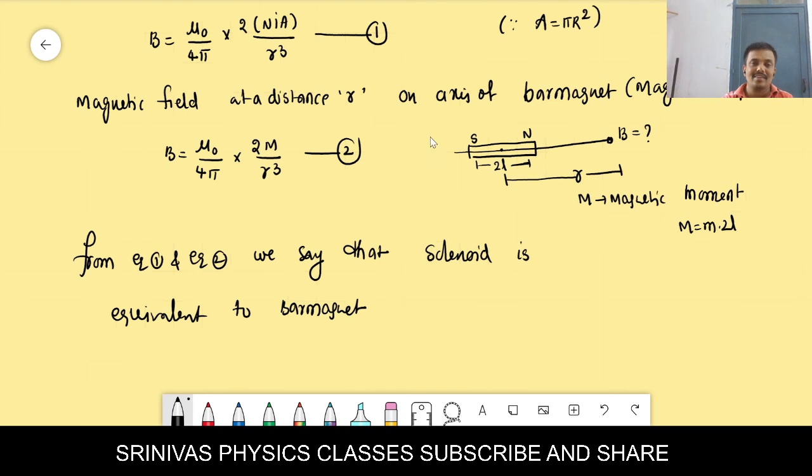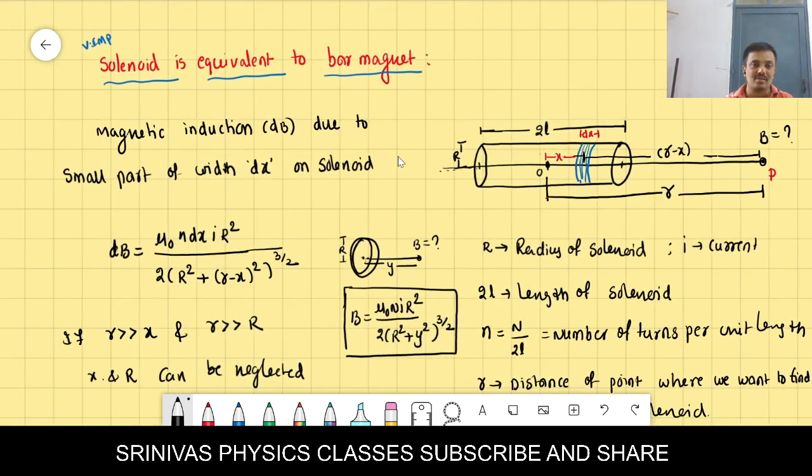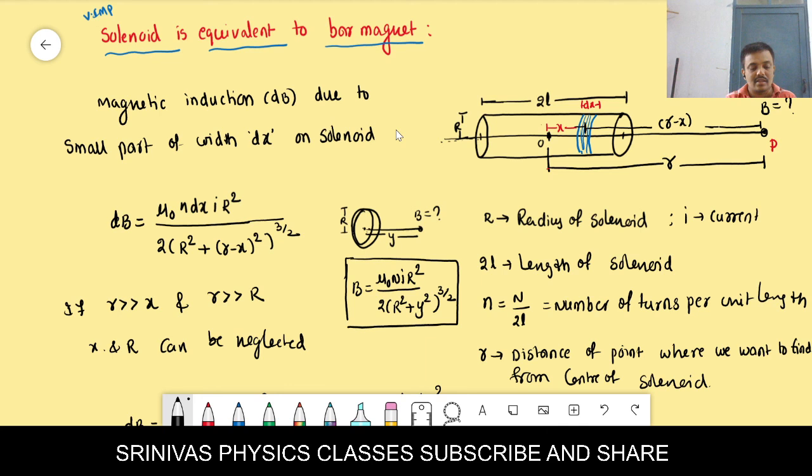Whenever there is a subjective question paper, they will ask a question like this: show that the solenoid is equivalent to a bar magnet.